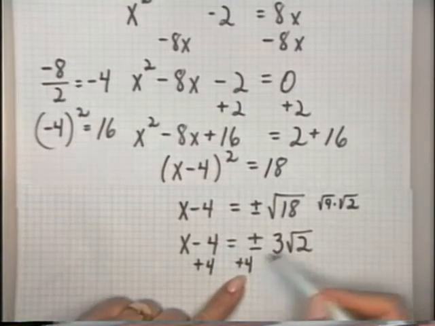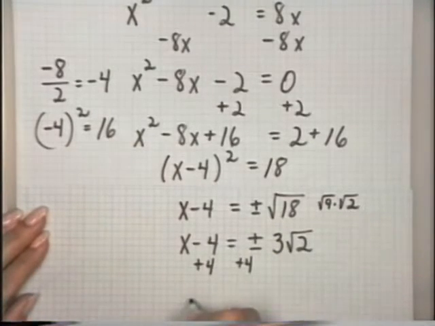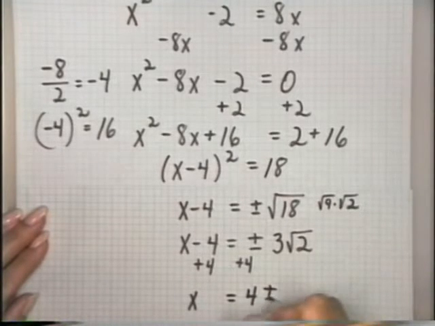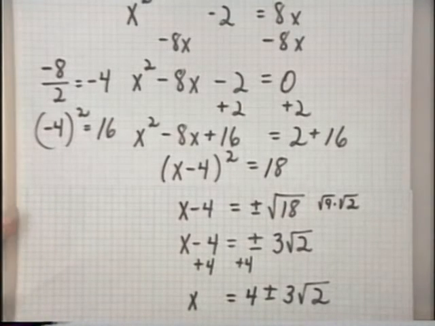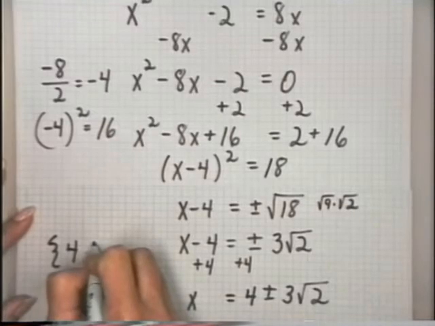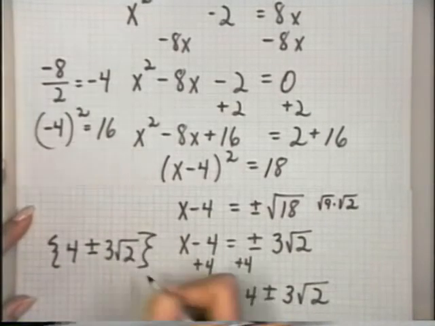And remember that the 4 is not like the 3 times the square root of 2, so it needs its own column. We get x equals 4 plus or minus 3 times the square root of 2. So my solution set here would be 4 plus or minus 3 times the square root of 2.